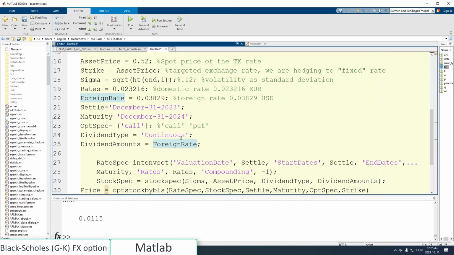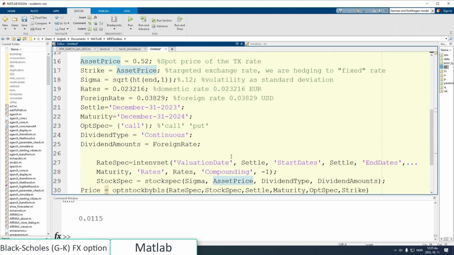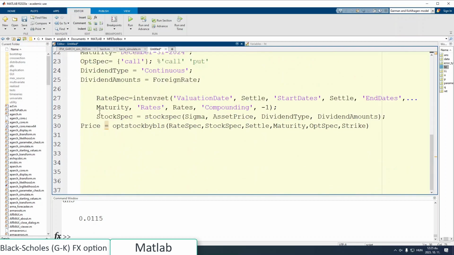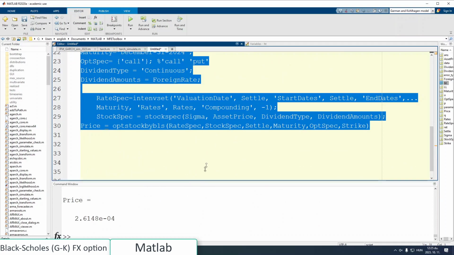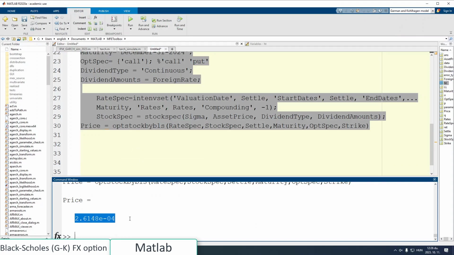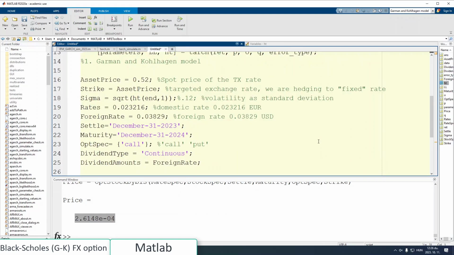That's why we can say that yes, it's continuous dividend payment, just in foreign rate. So that's the whole difference here. So we check that they are also existing somewhere in the code as an input, and after that all the specifications are coming in, and then hopefully, if I did not make any mistake, we have an option fee. So this is the option fee. Cool.